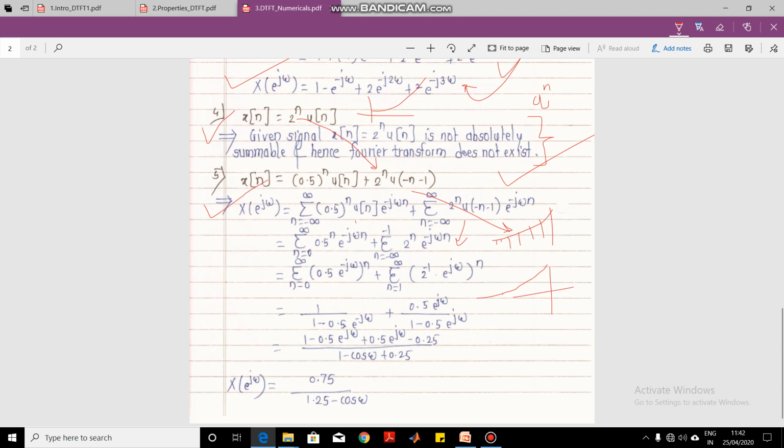If you use the equation of the Fourier transform, we can see that the signal u of minus n minus 1 exists for the interval from minus 1 to minus infinity. You can draw this signal and see, because we have seen how to draw these signals in the first unit. You will see that from minus 1 to minus infinity its value is 1.